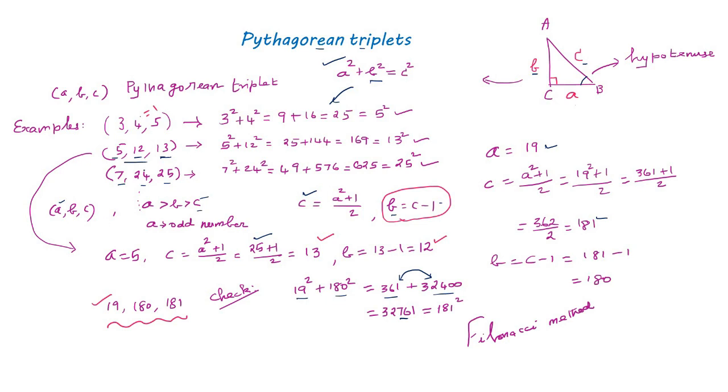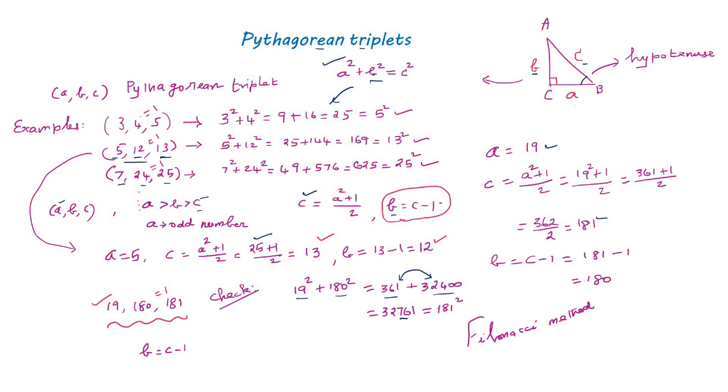Also here you have 12, 13, difference is 1. 24, 25, difference is 1. Here also 180, 181, difference is 1. Any triplet you find using this method, this will be true, because we make b equal to c minus 1.